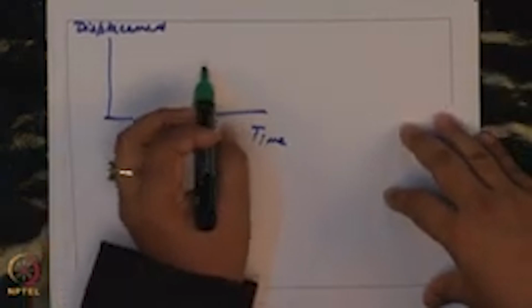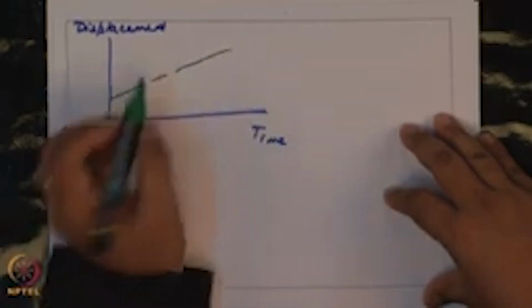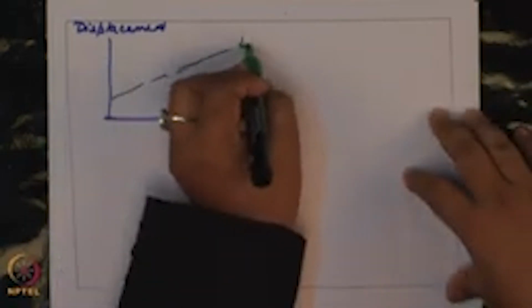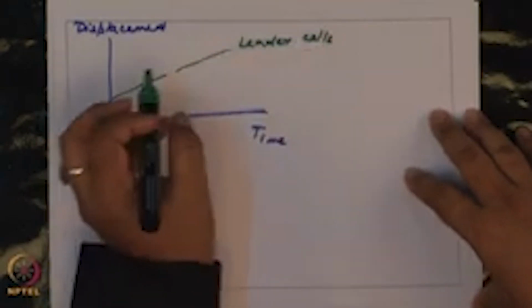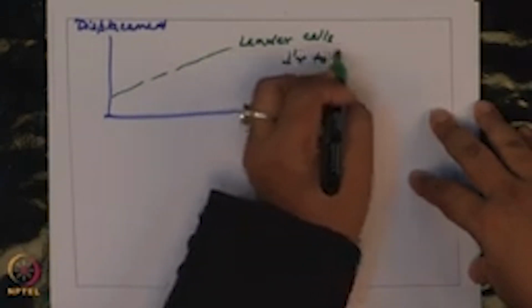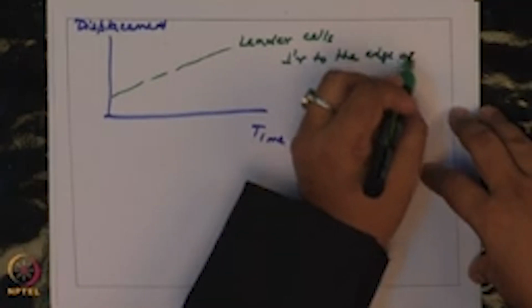So, the leader cells exhibited a faster migration rate. Leader cells were migrating almost perpendicular. So, these are my leader cells, and they migrated perpendicular to the edge of the epithelium.